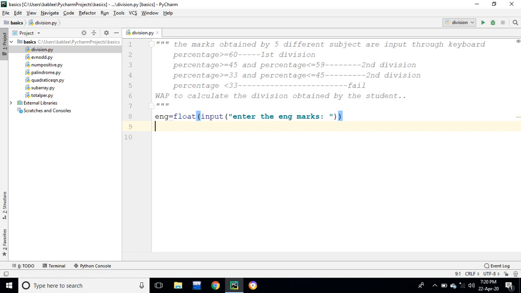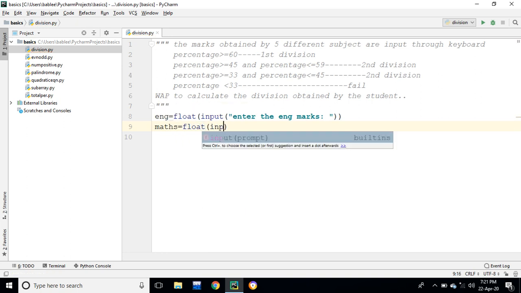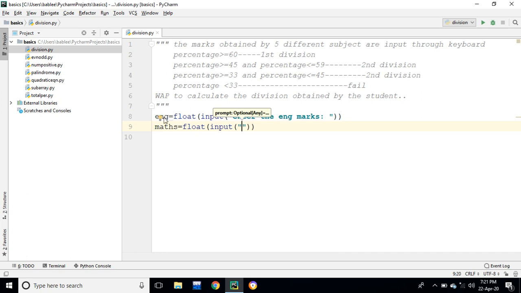Thereafter maths is equals to float input and enter the maths marks.